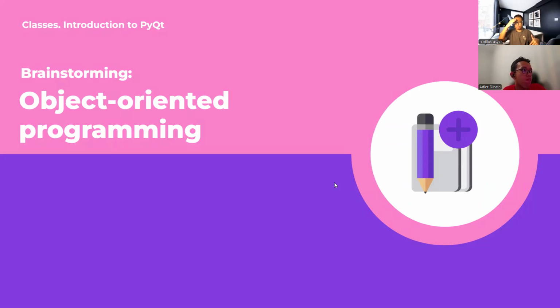Now let's review a little bit of a subject that we already learned in the first year. It's all about OOP, object-oriented programming. Do you remember these things? I don't remember the names.